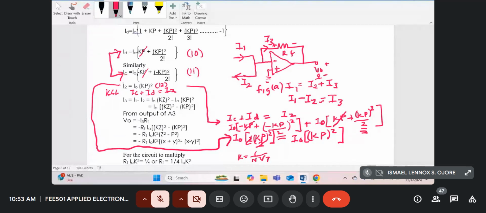Now, in figure A, this is the op amp A3, the last output op amp. So if we assume an arbitrary current I3 flowing in that direction, then if you apply KCL, currents going towards the node is equal to currents going away from the node.